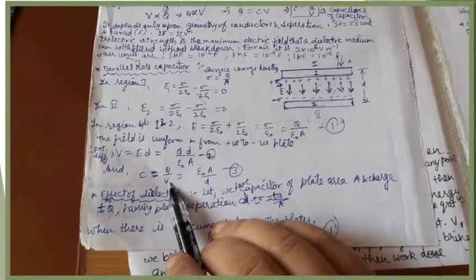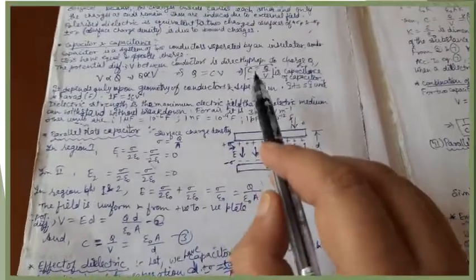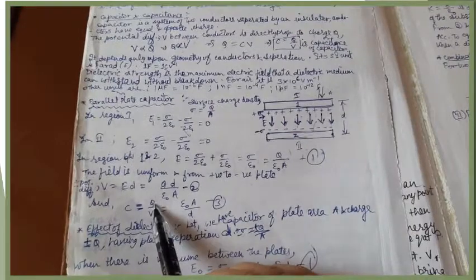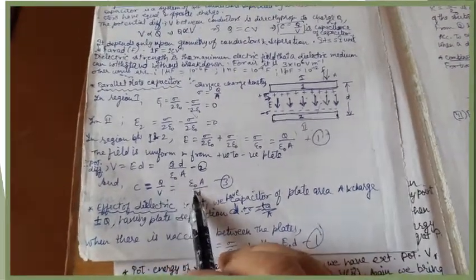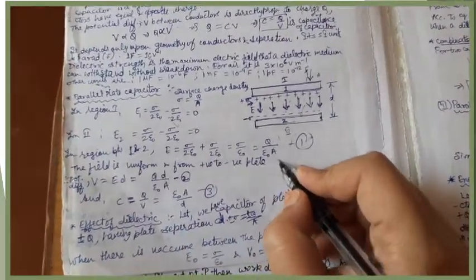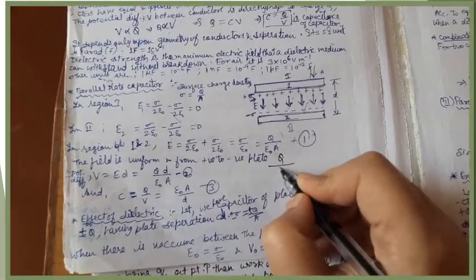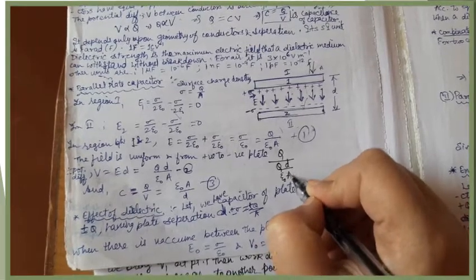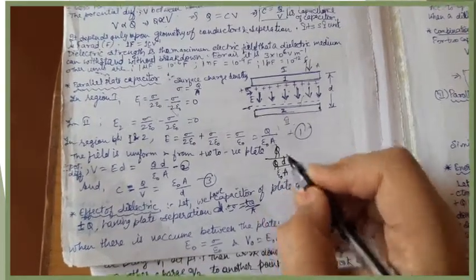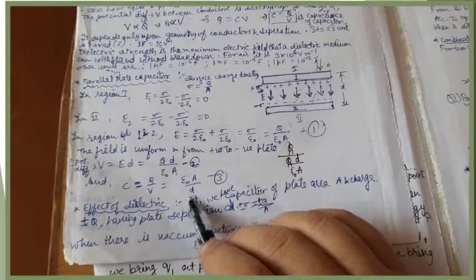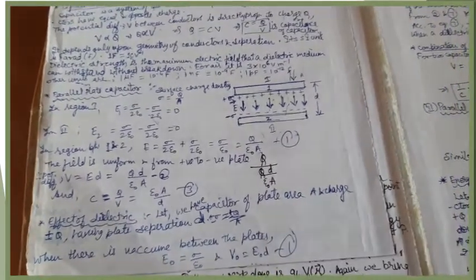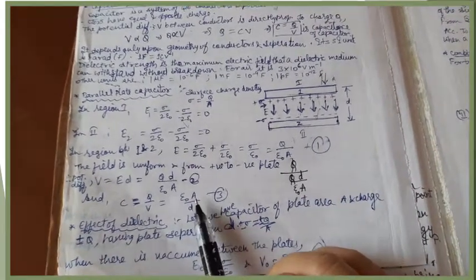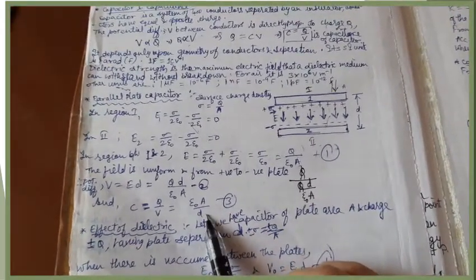Capacitance, as defined earlier, is Q by V. Substituting the value of V and solving, Q upon V is Q d by epsilon naught A. So the overall result is that capacitance is epsilon naught A by d. This is the expression for the capacitance of a parallel plate capacitor with plate area A and separation d.